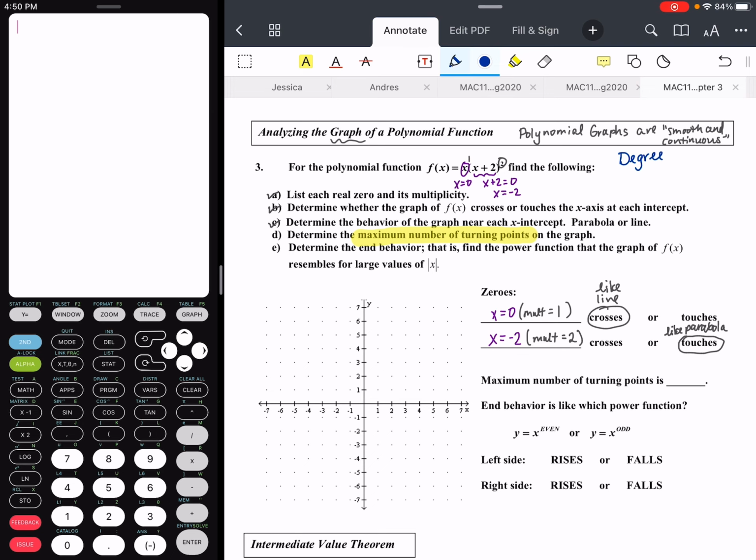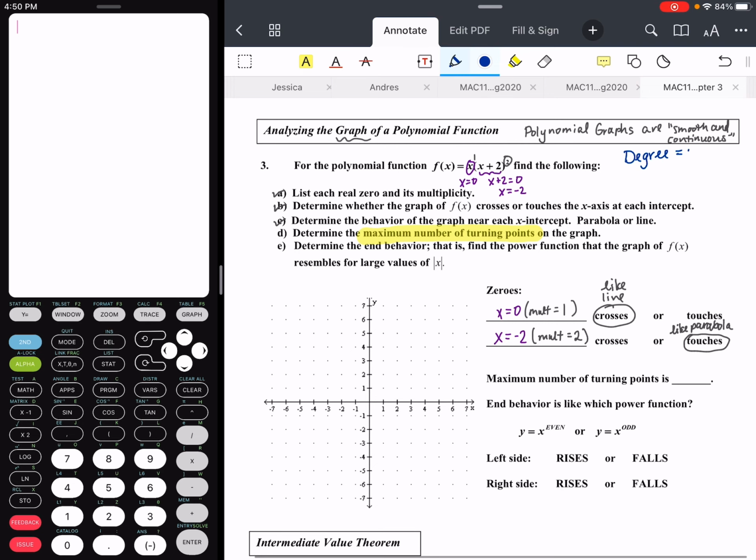In general, if the degree of the function is n, so the degree could be 2, it could be 5, it could be 7, whatever, that means the maximum number of turning points will equal the degree n minus 1, n minus 1, okay?